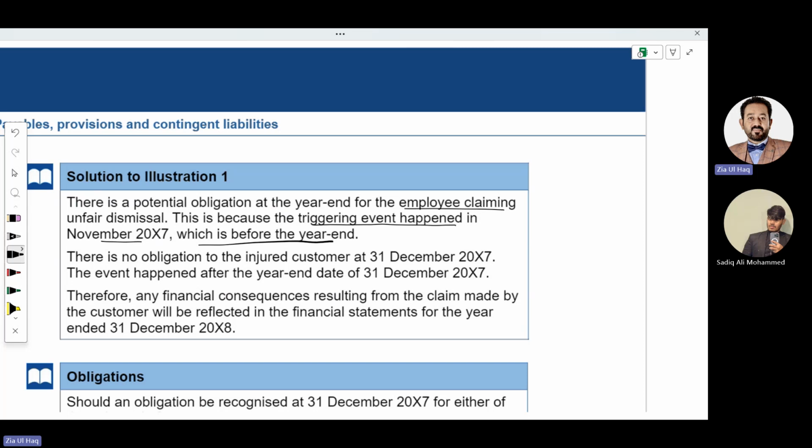There is no obligation to the injured customer at 31st December because this event happened after the year end. This is not a past event, this is a future event. In the next year, it might be a provision in 20x8, not in 20x7, the current year. Therefore, any financial consequences resulting from the claim made by the customer will be reflected in the financial statements for the next year, 20x8, not in the current year.